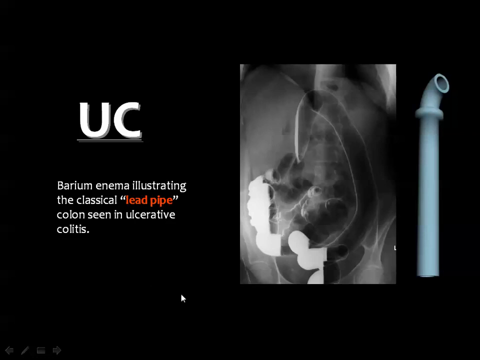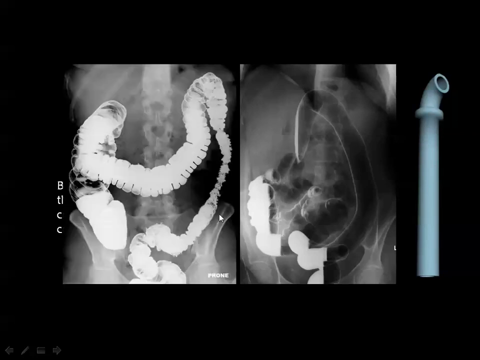Ulcerative colitis is also one of the diseases that can affect the small bowel, but particularly it affects the colon, and this will lead to a very famous configuration known as the lead pipe configuration of the colon, meaning that the colon is narrowed and its wall is very smooth compared to the normal colon, where you can see the haustra of the colon everywhere, and this colon is transformed into something like this lead pipe.